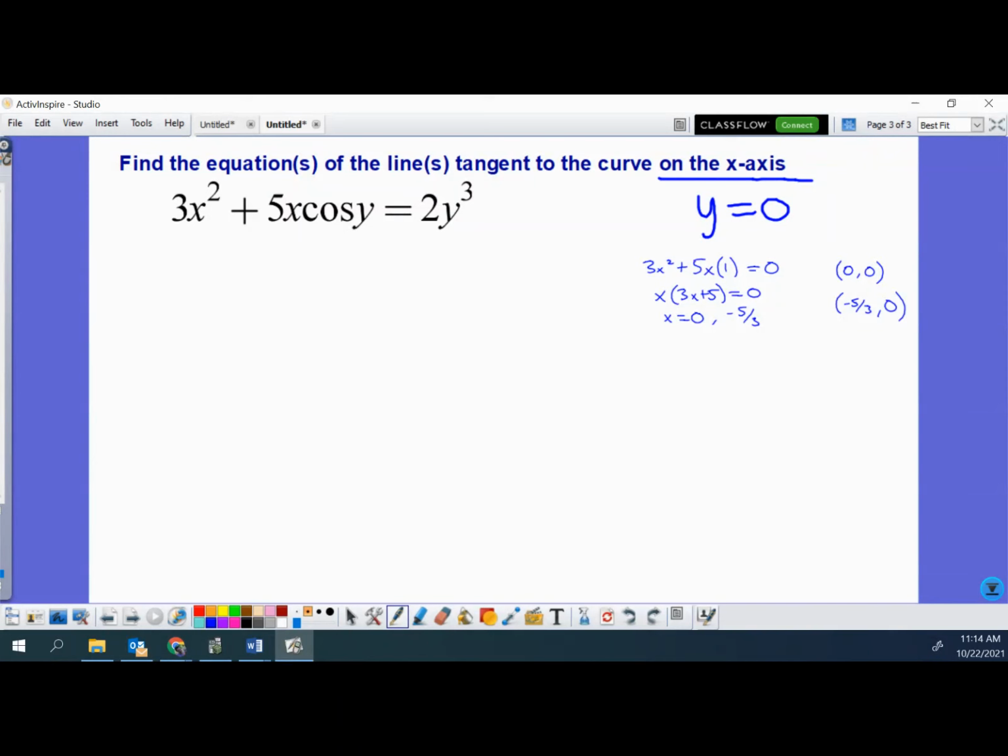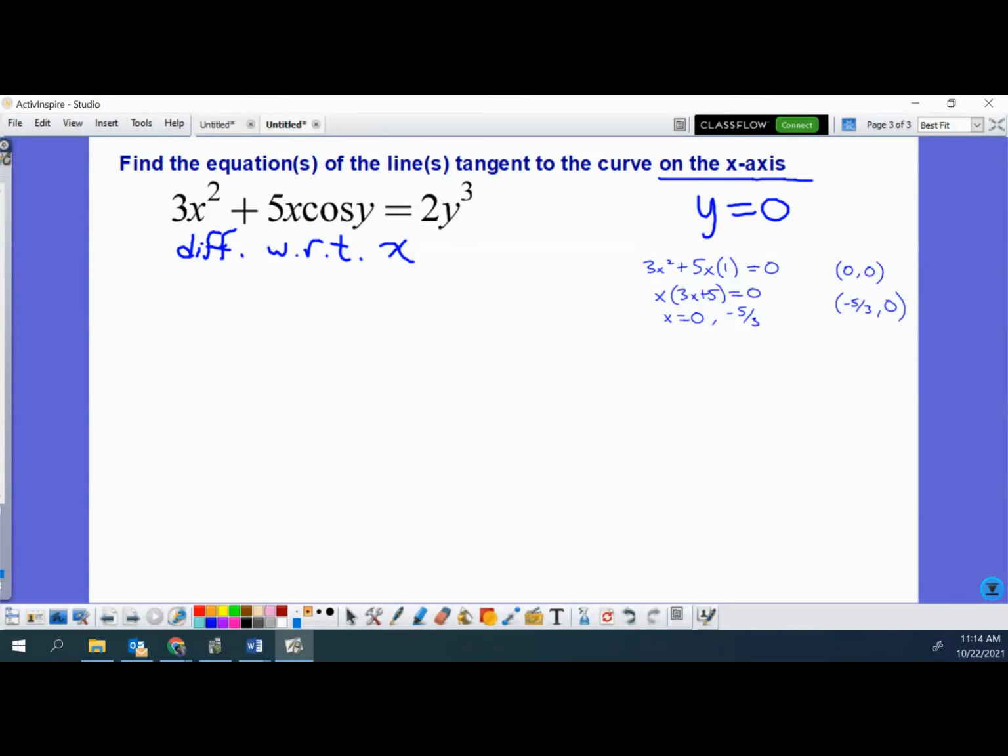We want change in y over change in x, and that's what dy dx is, a ratio of those changes. You don't have to write that when you're doing it, but I'm just being thorough, showing what we're doing to both sides of this equation.